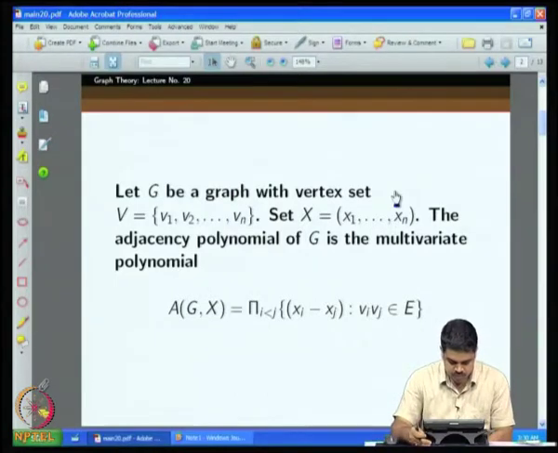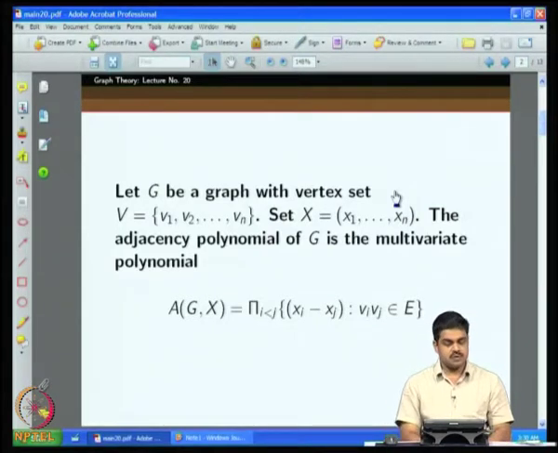Here we are going to study certain polynomials which will help us understand the graph coloring problem. So, we are going to associate a polynomial with a graph. Let G be a graph and the vertex set is V1, V2, V3 up to Vn, and we will define variables x1, x2, up to xn, one corresponding to each vertex.